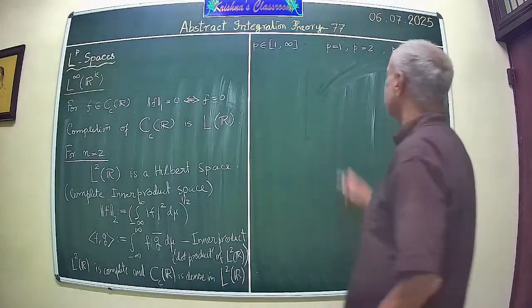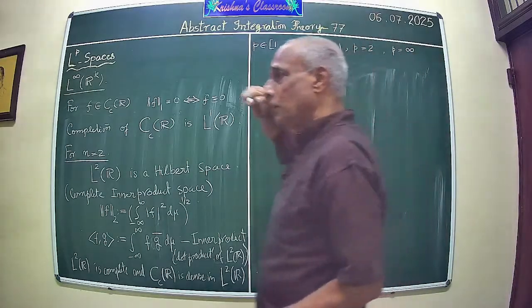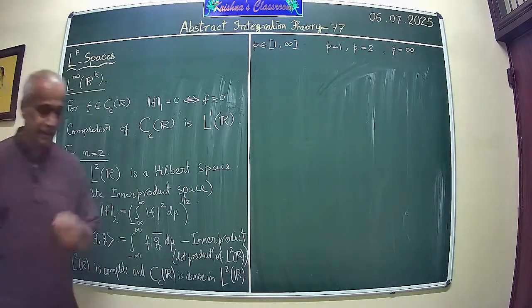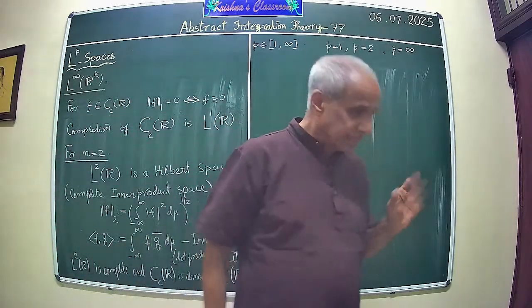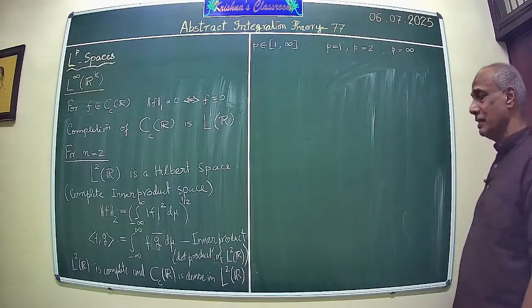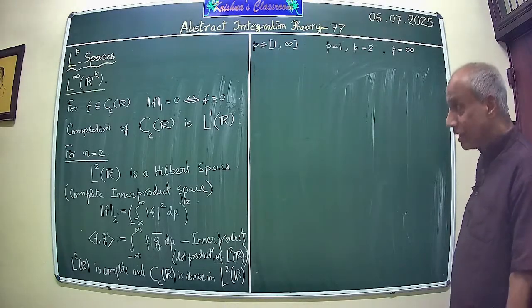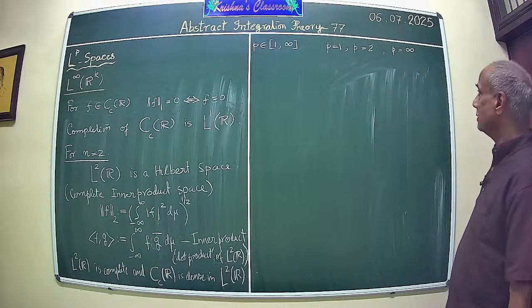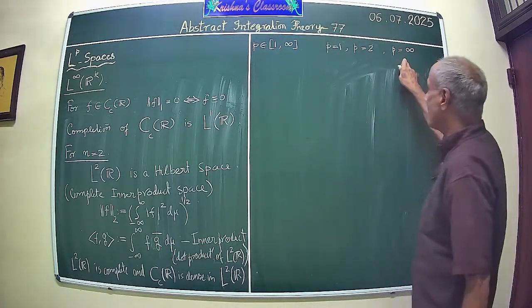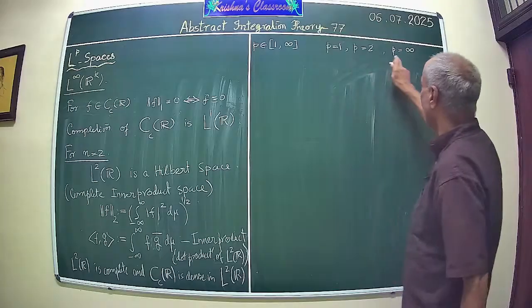The extreme cases, and this, of course, corresponds to the case where LP becomes an inner product space, and it's a complete inner product space. Therefore, it's a Hilbert space. So these are all Banach spaces.